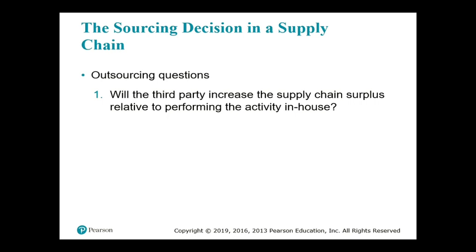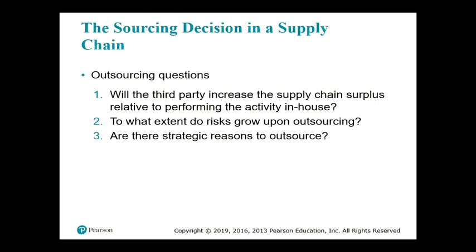And if so, how much does it increase? And whenever we do outsourcing, there are related risks. So we need to evaluate what risks are involved, how much they are, whether they can be justified by the added surplus, and finally, whether there are any strategic reasons forcing us to outsource.